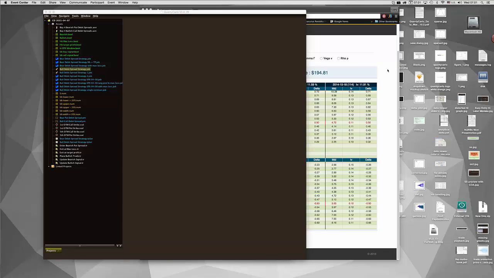Okay, well, I thought I would show a very simple trade, a directional trade, and I'll explain how the thought processes were in coming up with the trade.